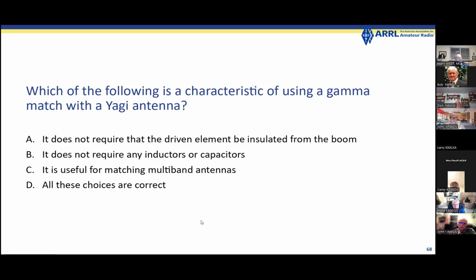I'm going to guess A, Alpha. It does not require that the driven element be insulated from the boom.